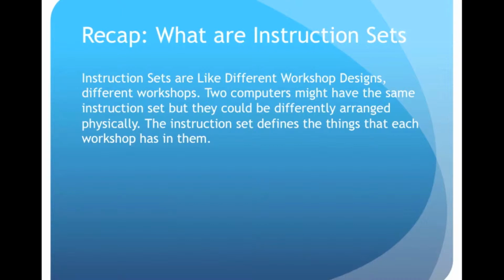Anyways, this makes it so that some computers might have a lot more functions than others, and so they might have more tools in this analogy. But others might not have as many tools, but at the same time they have plenty of space for you to put the stuff that you're just not working on right now, or registers. And this is basically what makes instruction sets important. It basically makes each computer unique.